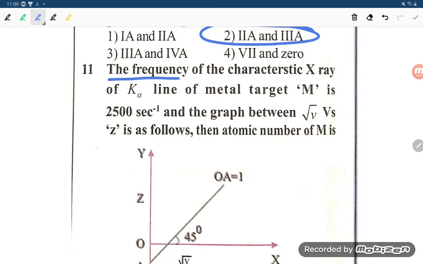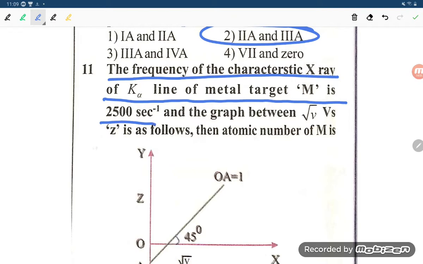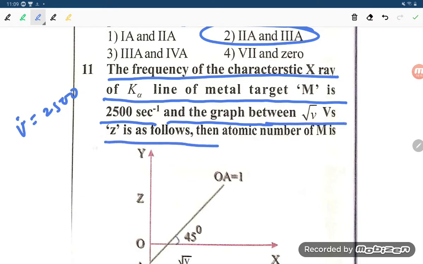The frequency of the characteristic X-ray of the K alpha line of metal target M is 2500 second inverse, and the graph plotted between root of nu versus Z is followed. Then the atomic number of M is?